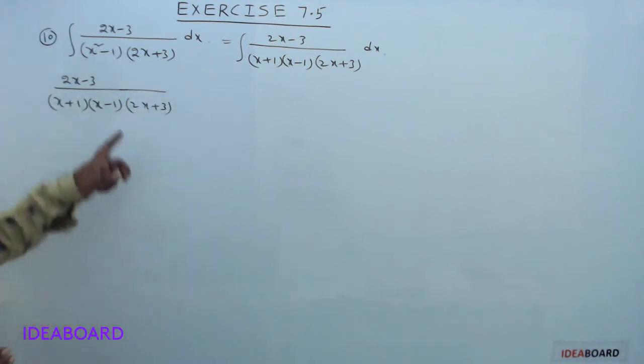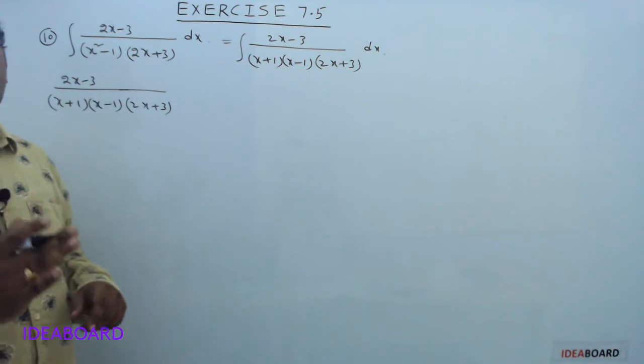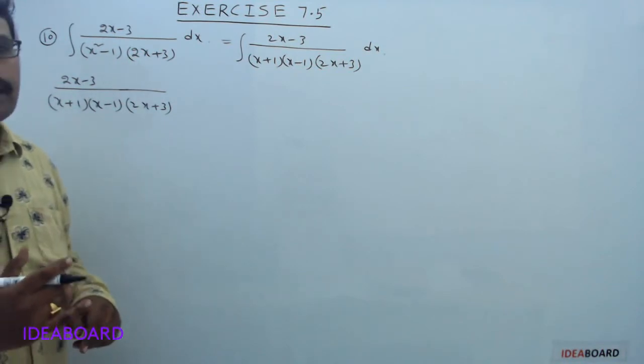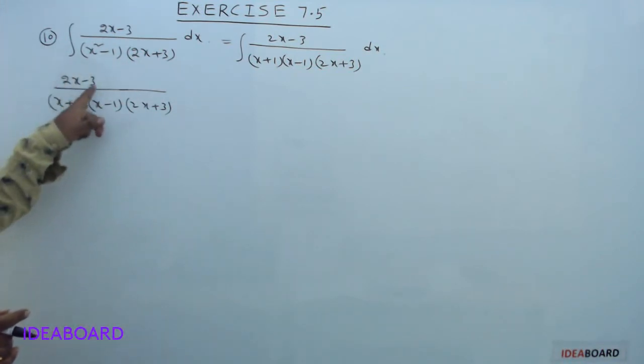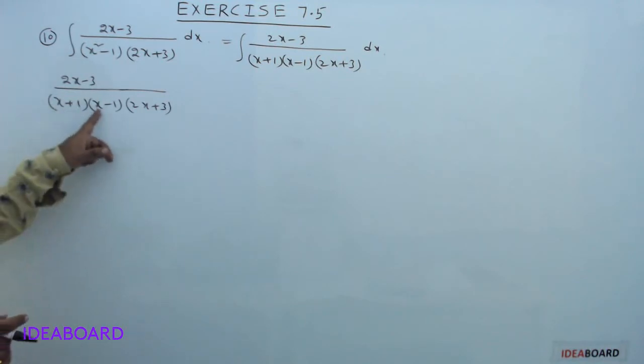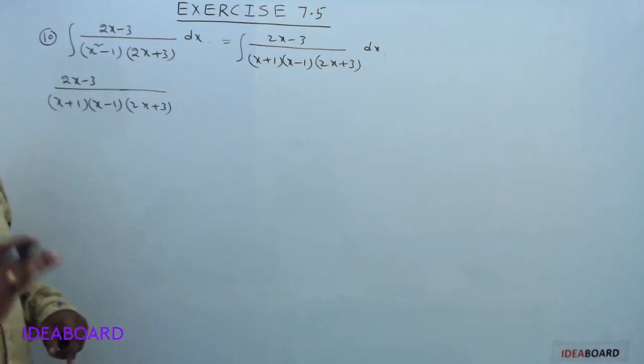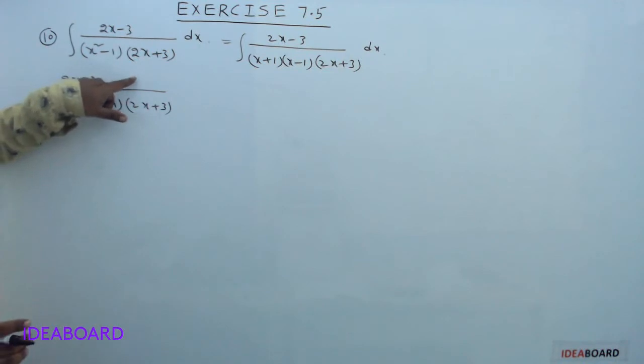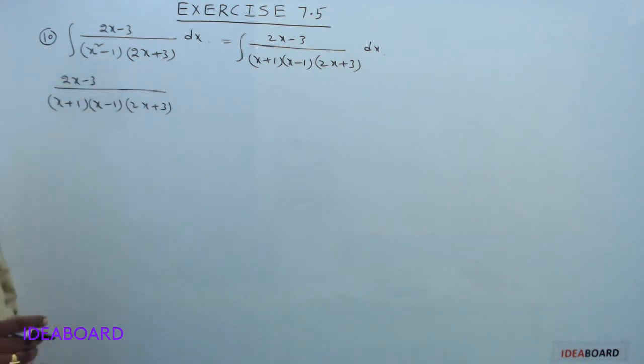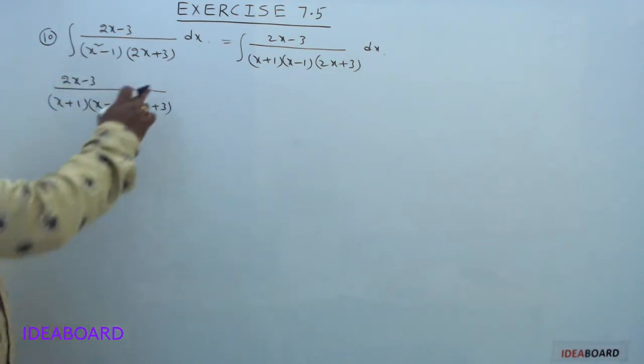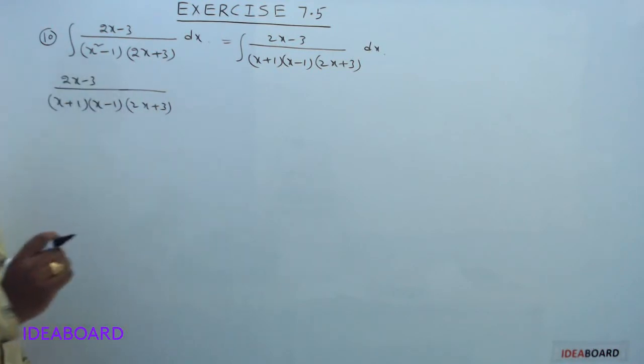First, verify whether this fraction belongs to type 1 partial fractions or not. Degree of numerator is 1, degree of denominator is 3. So the degree of numerator is lesser than the degree of denominator. So it is a proper fraction.